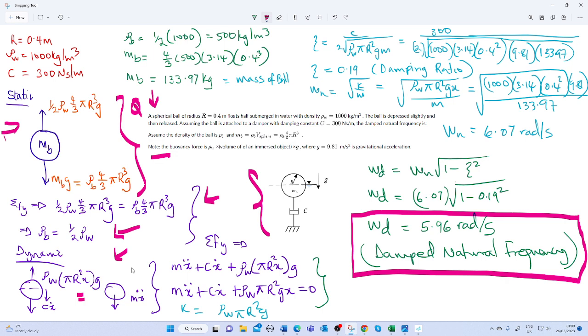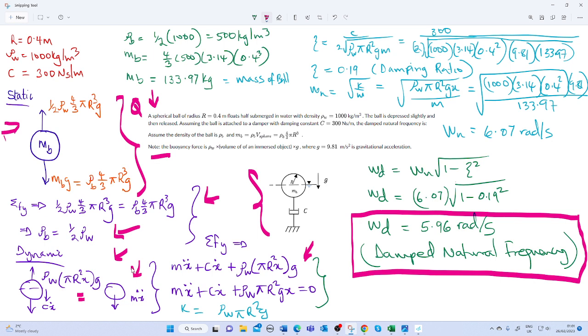So that gives us rho w multiplied by pi r squared x into g, with the damping force, which gives us the equation m x double dot plus C x dot plus rho w pi r squared g x.